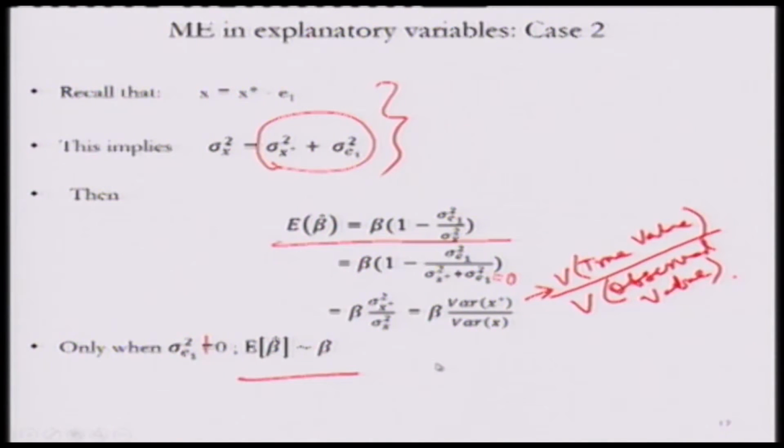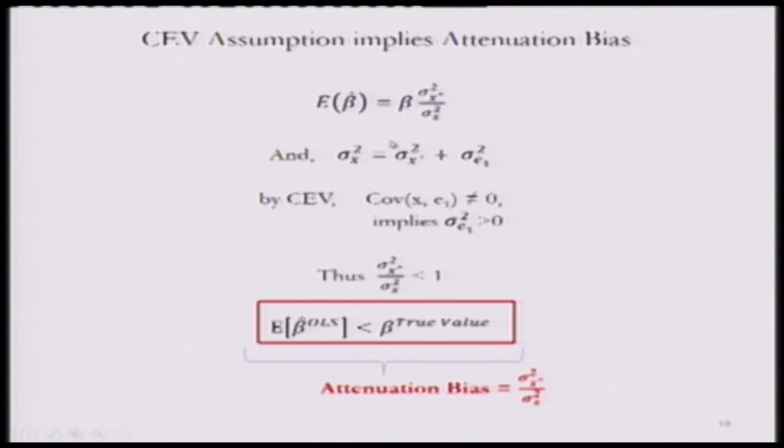This means that your expectation of beta hat OLS is equal to this value that we saw on the previous slide.